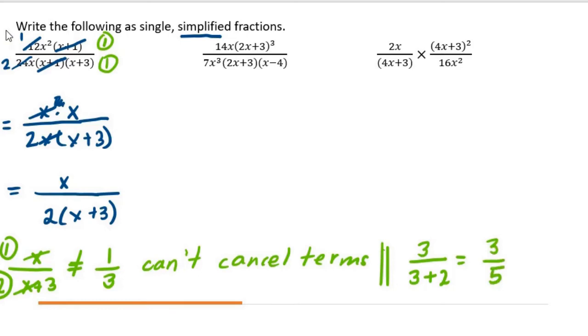And 3 plus 2 is 5, and that works out. But if you're tempted to cancel those 3's, you'd end up with 1 over 2, erroneously. And only one of those can be correct. And here you should say, no, there's absolutely no way I can do that. I'm not allowed to cancel those 3's. Well, if you can't cancel the 3's here, you can't cancel the 3's in this example either.